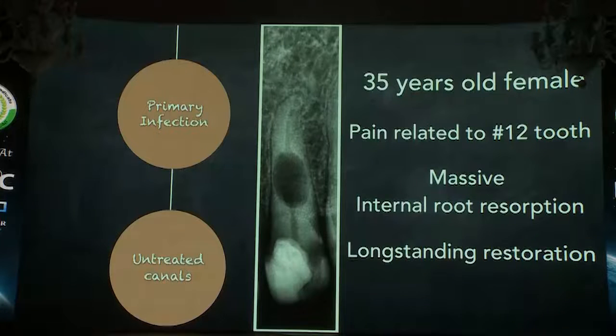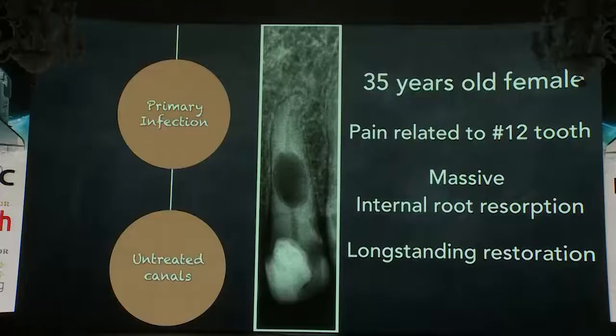Is it due to infection? There is no previous trauma at all. Is it due to infection or due to intrinsic factors? We don't know exactly the mechanism of internal resorption, but there are predisposing factors. One of the predisposing factors is root canal infection.